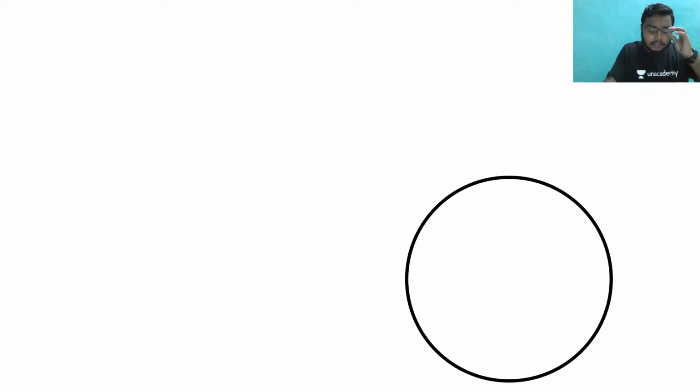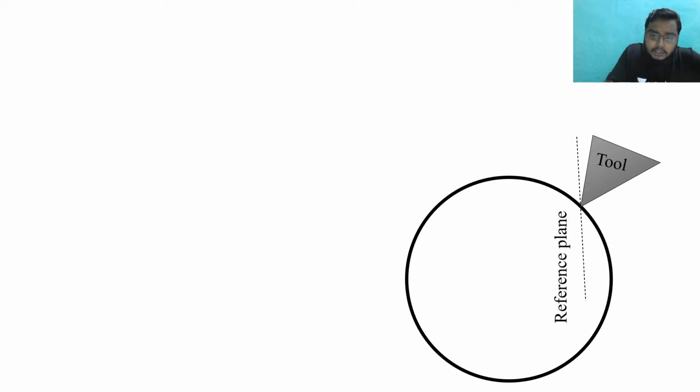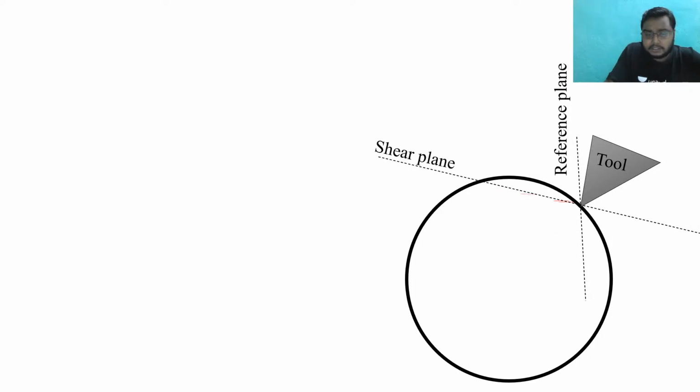In earlier classes we have seen this Merchant circle, in which this is a tool, this is a reference plane, this is a shear plane, and this force is Fs. There is another force, Fn.